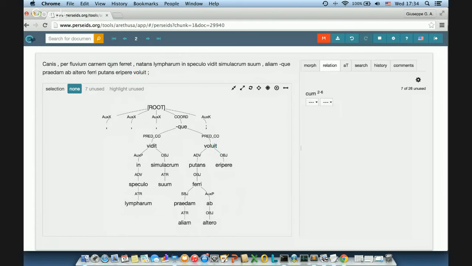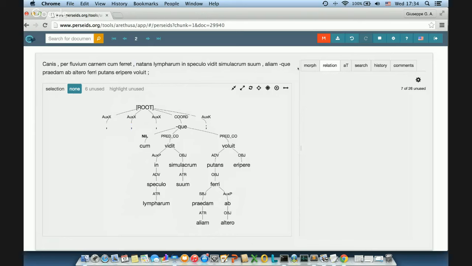For example, I would take that this clause basically relates to both the coordinated verbs here, to both vidit and voluit, okay? And this is why I start my annotation of the clause attaching the subordinator to que. What does this mean?